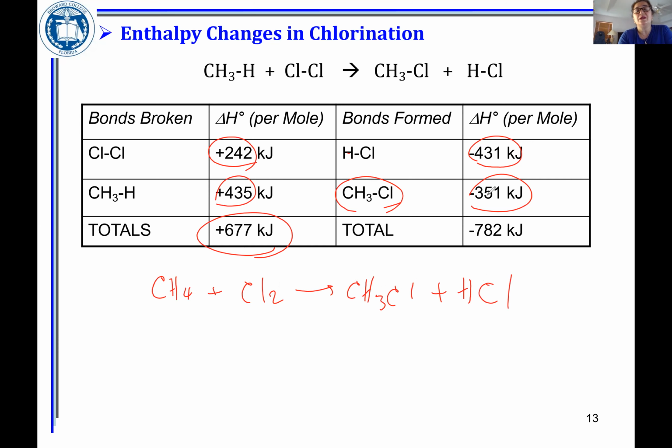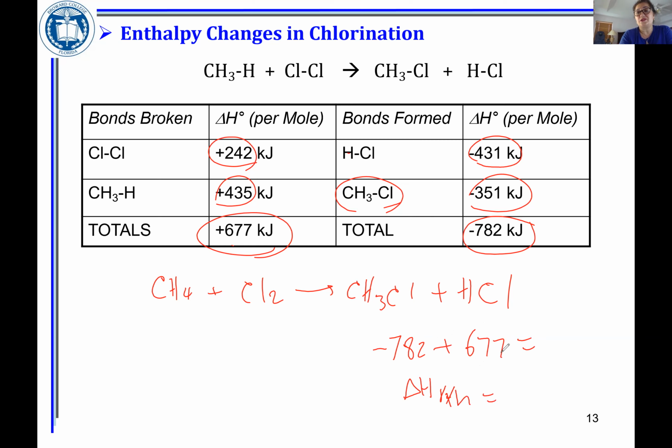In this reaction, when the total amount of energy being released is greater than the total amount of energy needed, this overall reaction is going to be an exothermic reaction. How much heat is going to be released to the environment is going to be the total of the two. So minus 782 plus 677, whatever the difference is going to be the delta H for the reaction.